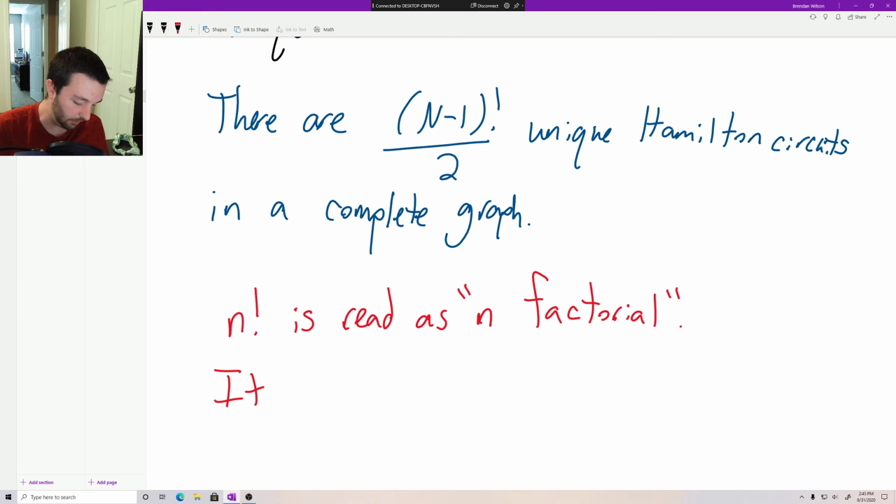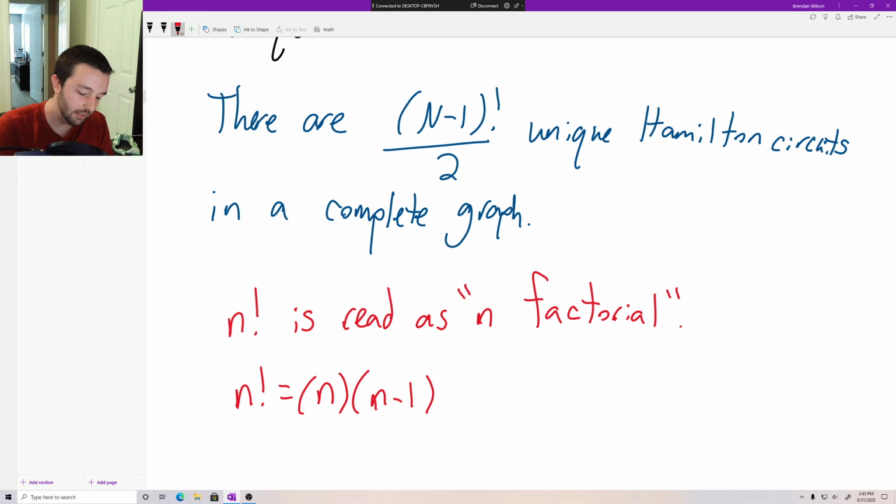So the formula for this, n factorial, is equal to n times n minus 1 times n minus 2, all the way down to 1.